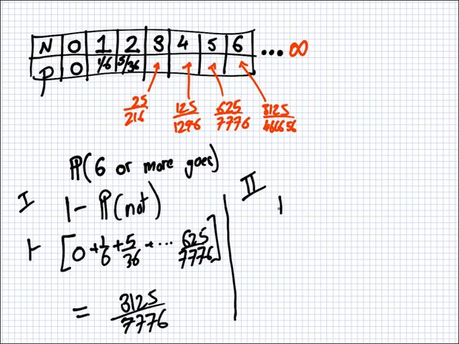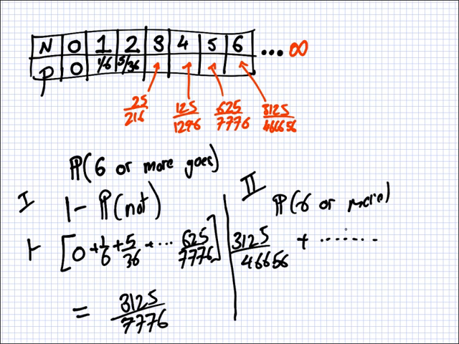But I said there was a second way to do this. You can actually calculate this 6 or more. Is the 6, which is 3125 over 46656 plus, and you could add them all up. Now, how could we do this? Yungpeng actually spotted this.